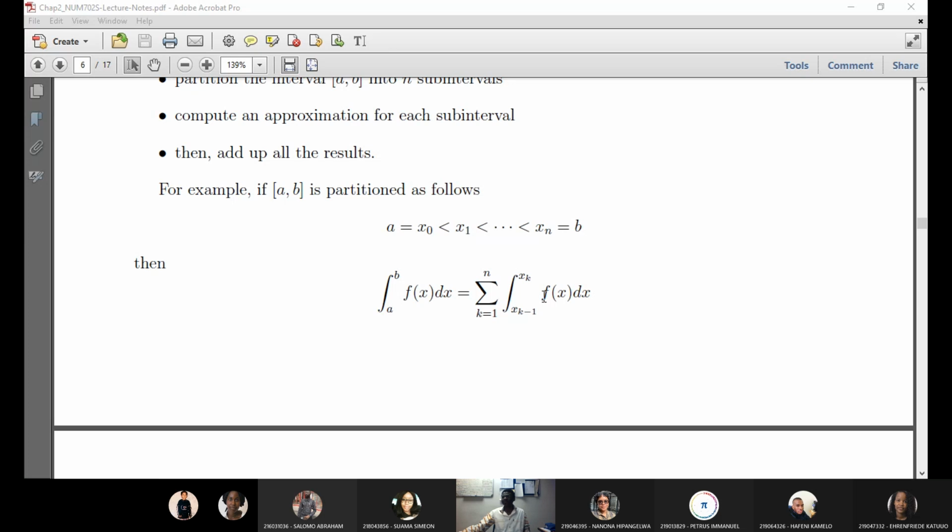If you apply the rule to this one, this will be h by 2, for the trapezoidal only. For other rules, we will do the same thing.